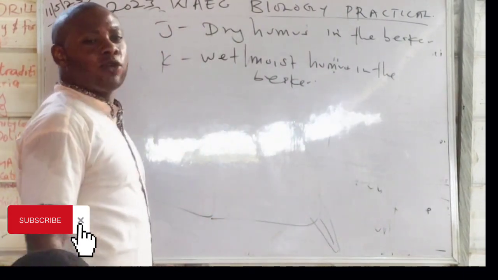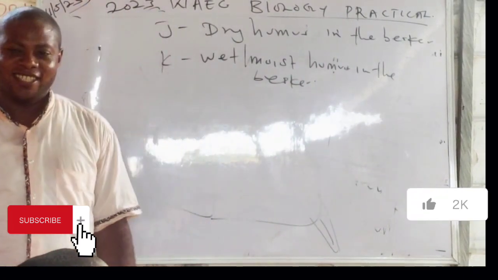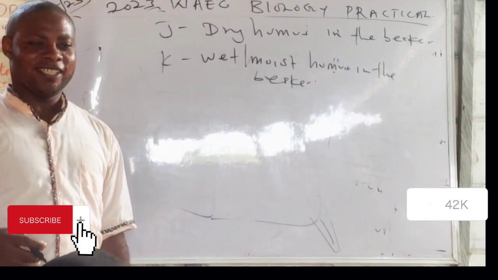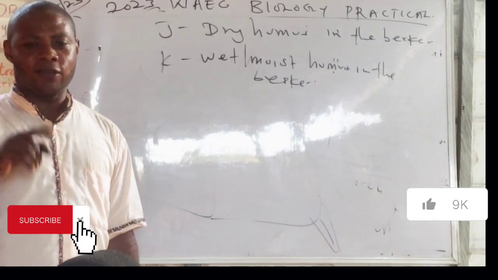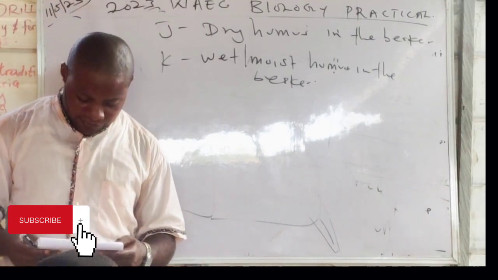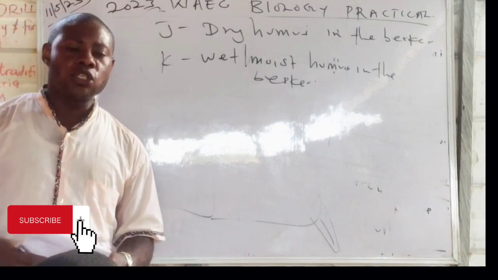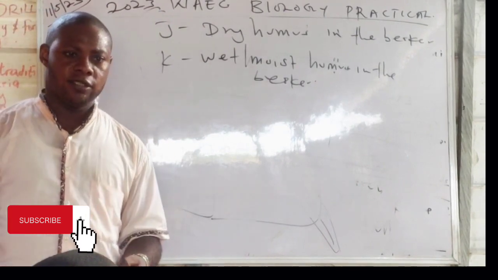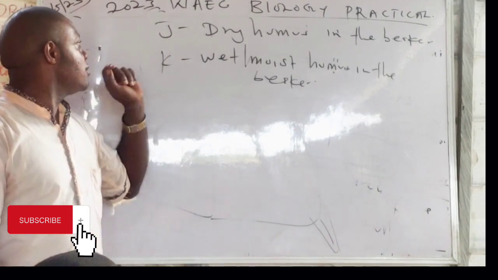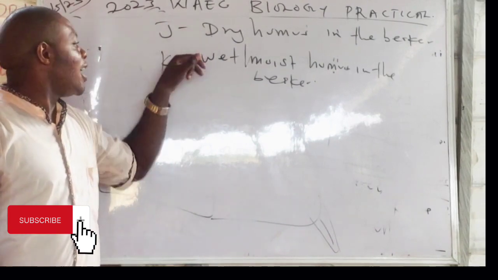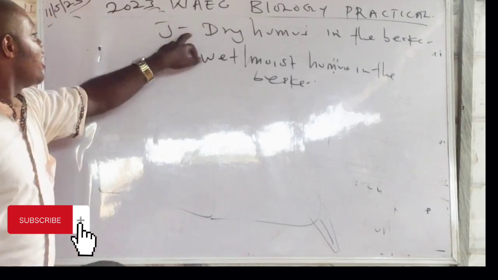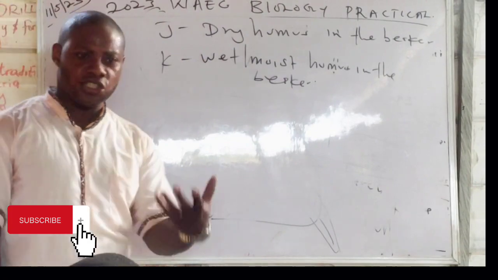When you have dry humus in the beaker as specimen J, then you have another, wet one in the beaker. Now, the first question that will come is this: which one is rich in soil nutrients between J and K?